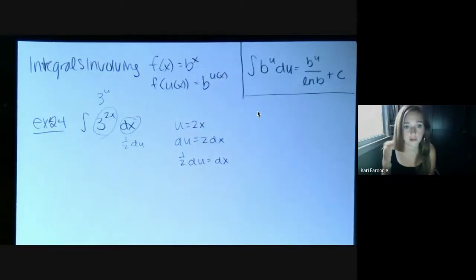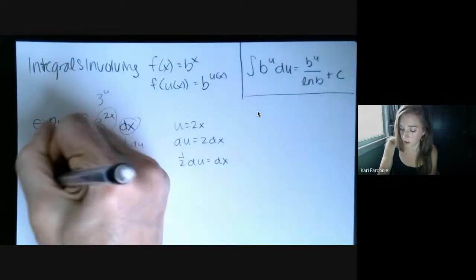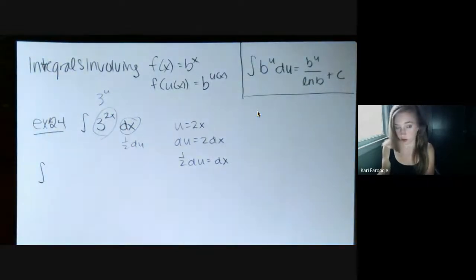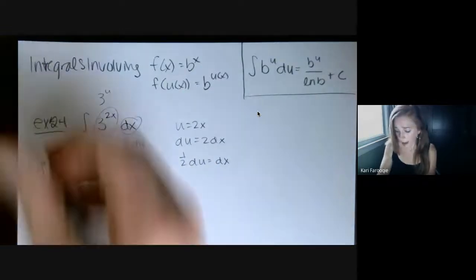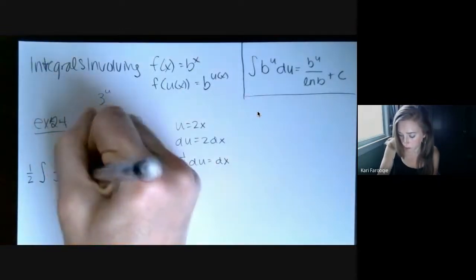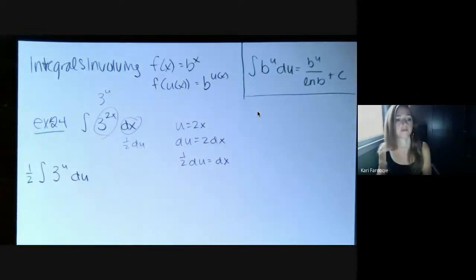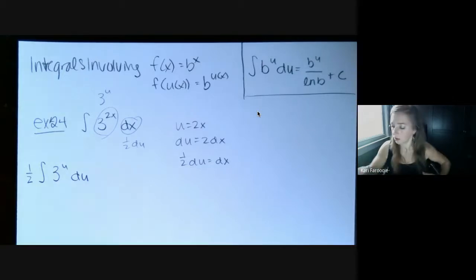The base just stays whatever the base is, which in this case is 3. So we're going to rewrite this, and I didn't even put limits of integration on this one. 1/2 times the integral of 3 to the u du. And then we'll use the formula.